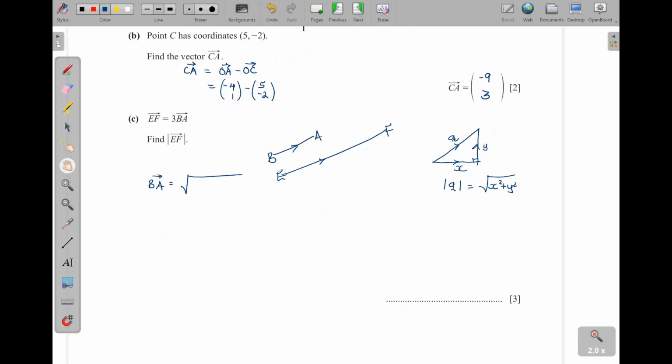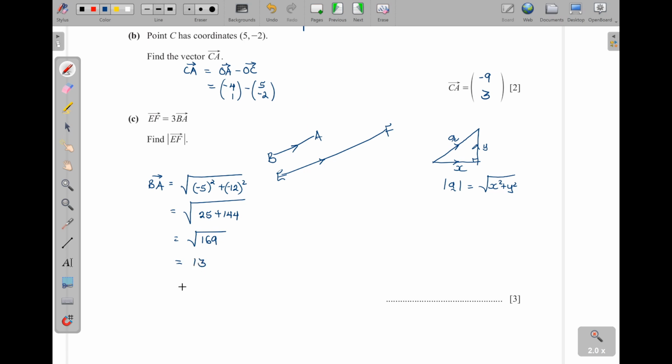So we have negative 5 squared, then negative 12 squared. 5, 12, and 13 is a Pythagorean triple, so they are connected. We have 25 plus 144. This one will give us 169, and the square root of 169 gives us 13.